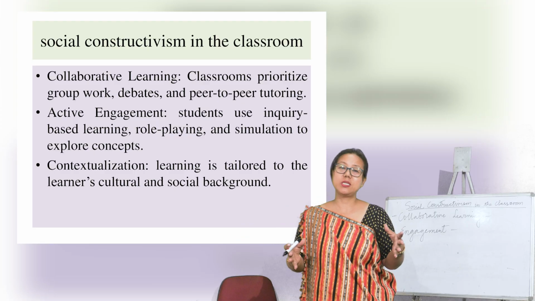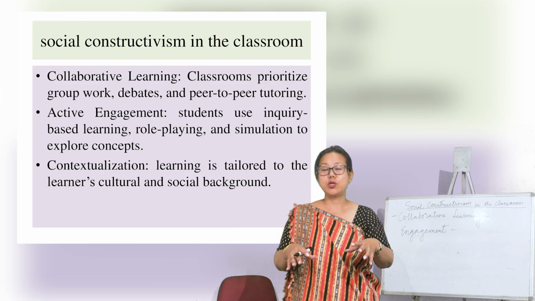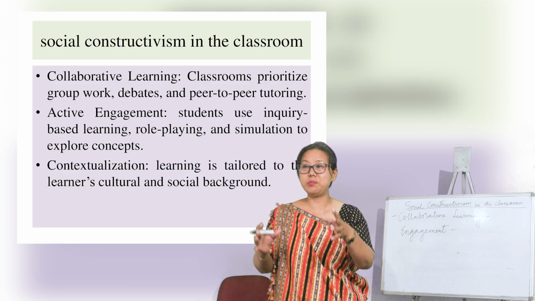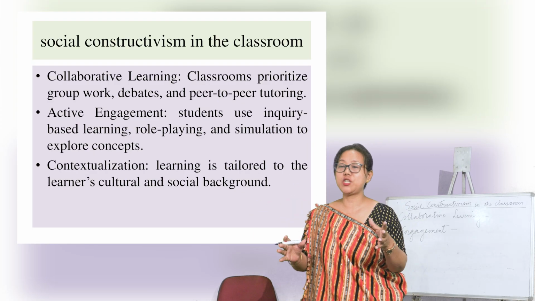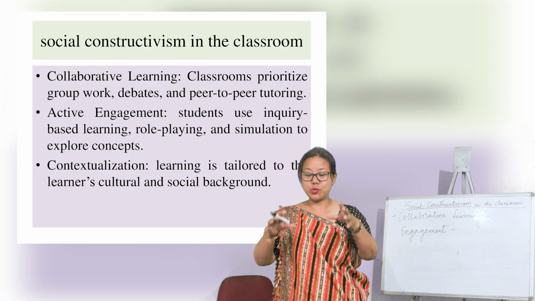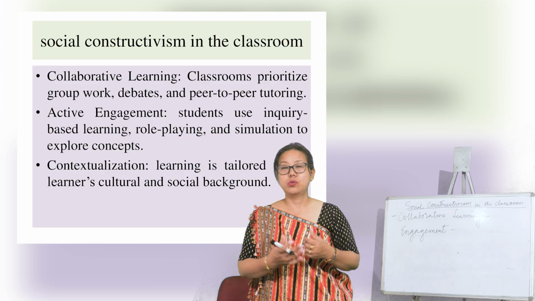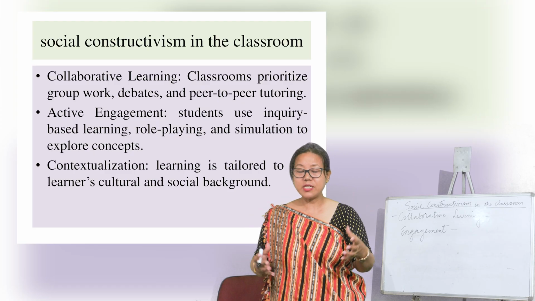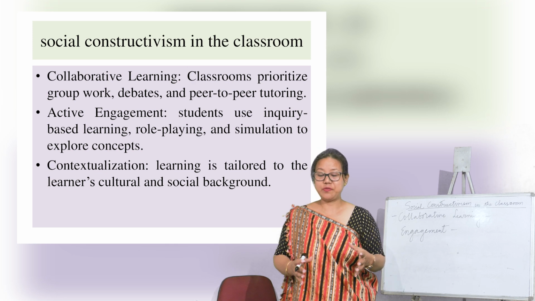All the students must be involved in social constructivism. When you apply it in the classroom, no one should be left out; everybody should be involved and take active parts to make the classroom environment more active.